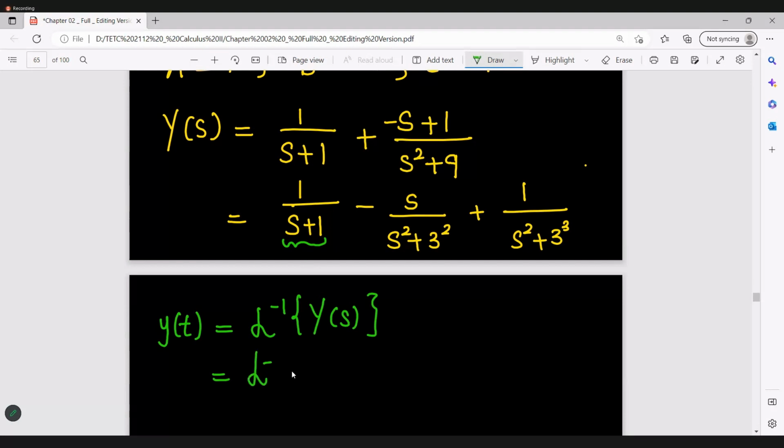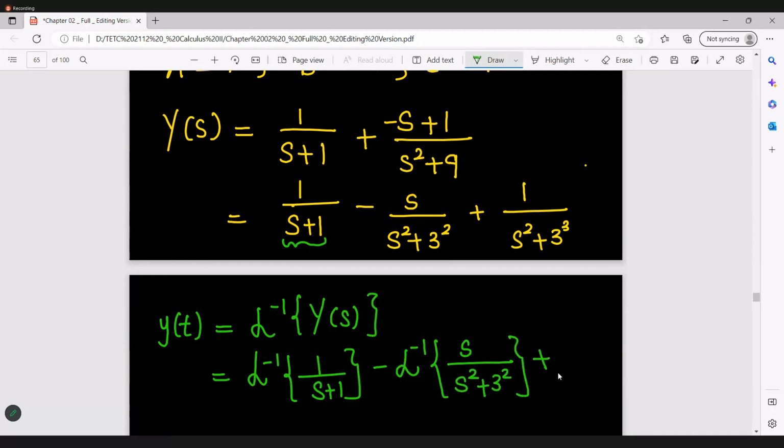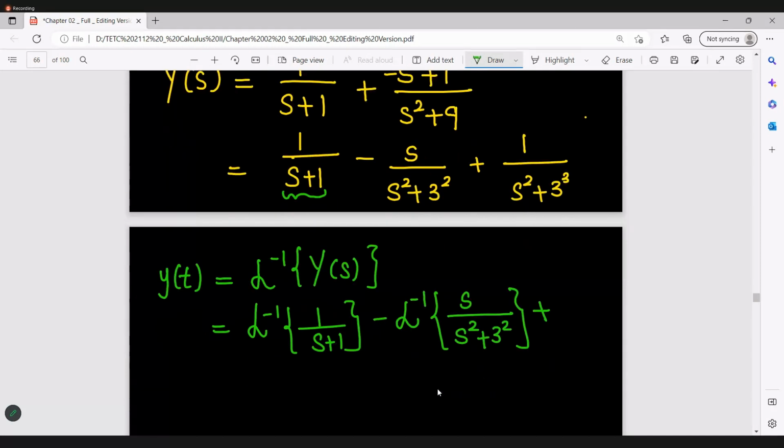The inverse Laplace transform of 1 over S plus 1, minus the inverse Laplace transform of S over S squared plus 3 squared, plus the inverse Laplace transform of 1 over S squared plus 3 squared.